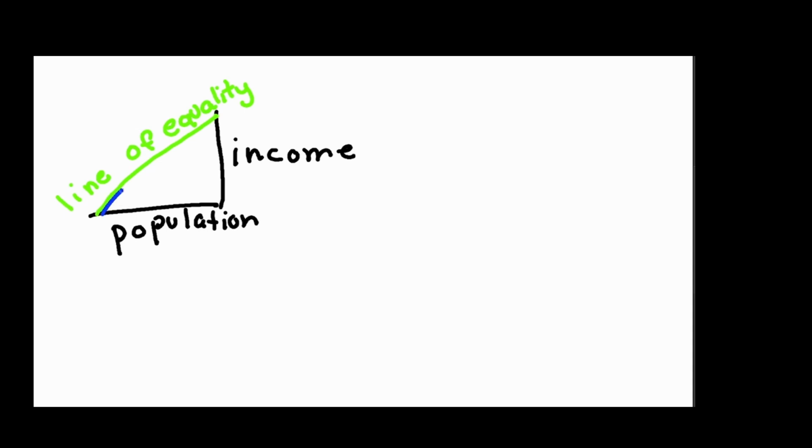It could also be something like this. The Lorenz curve really can be anything, so long as it is under the line of equality or on it. But let's assume the Lorenz curve of our situation looks like something like this.